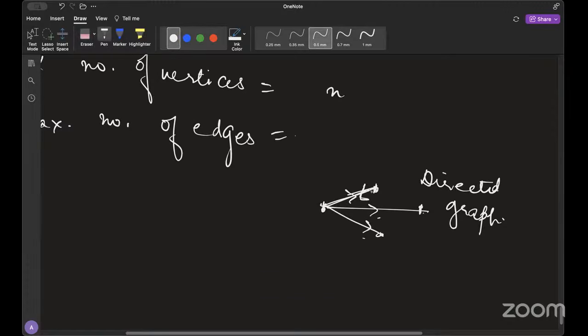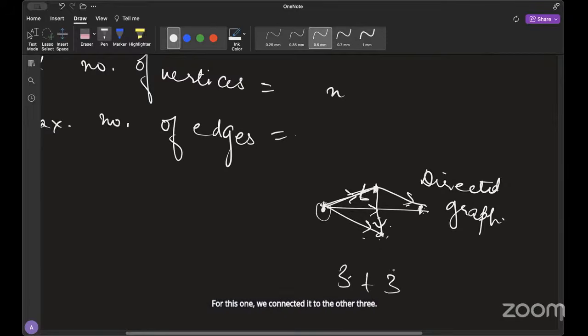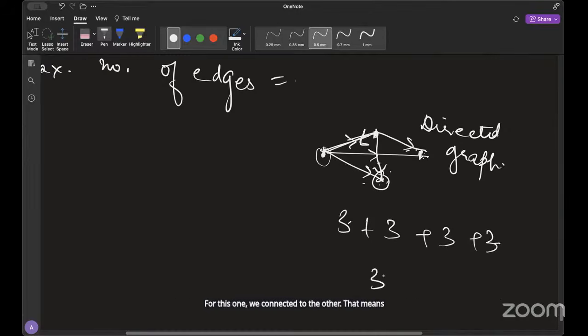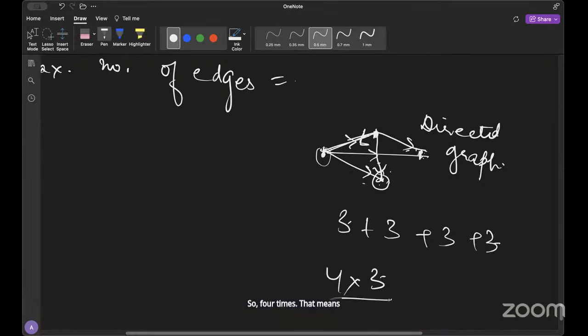So there are 2 here, and then you'll have 1 here and 1 here. So 3 from here. What we're doing is, for each one, we are connecting it to the other 3. This one, we connected it to the other 3. For this one, the other 3. For this one, the other 3. That means you're taking 3, 4 times, that means 4 times 3.